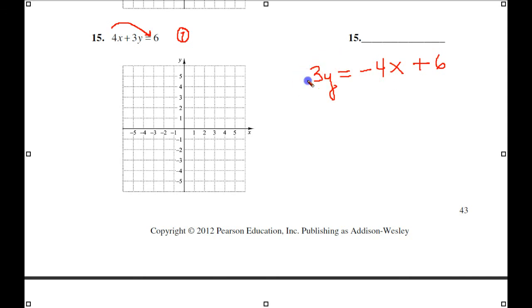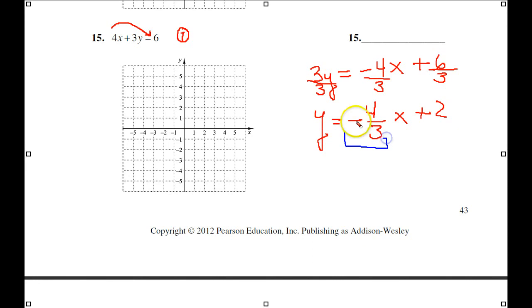And to get y by itself, I'm going to divide everything by 3. And I now get a positive y equals a negative 4/3 x plus 2.